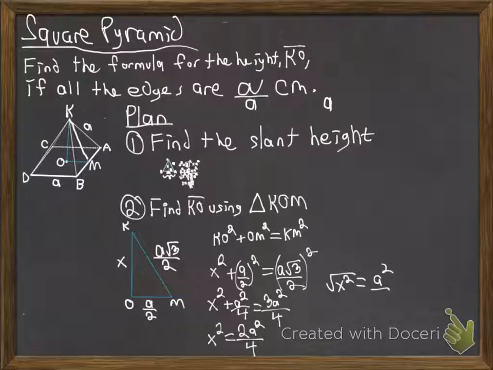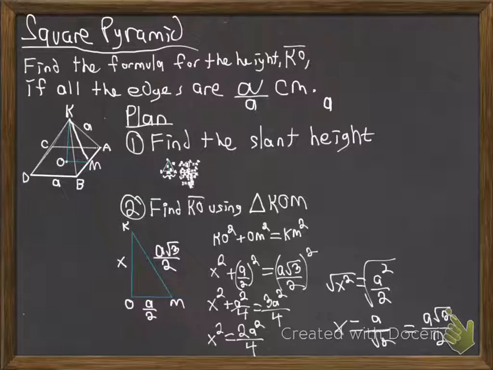A squared over 2. Then we take the square root, so X equals A over root 2. And if you want to rationalize the denominator, it's also equal to A square root of 2 over 2.